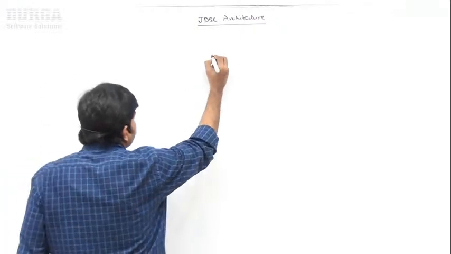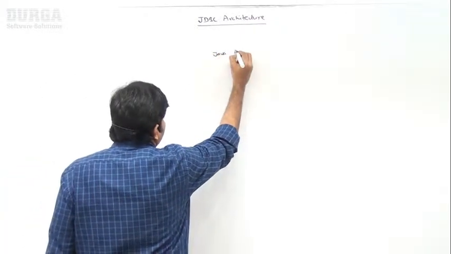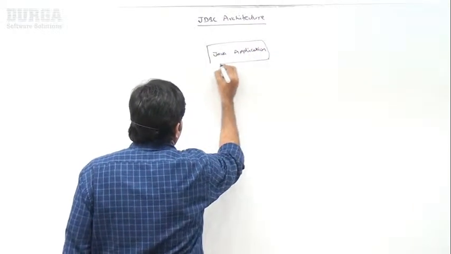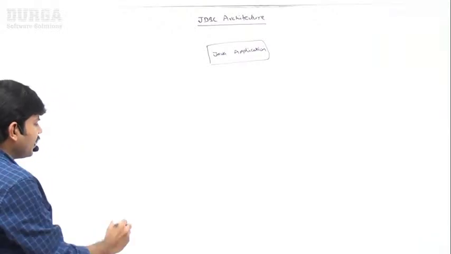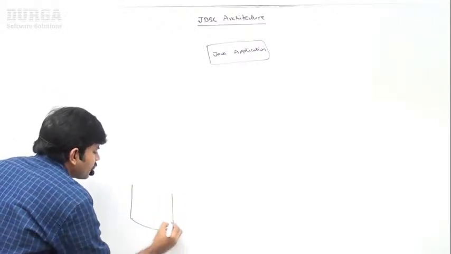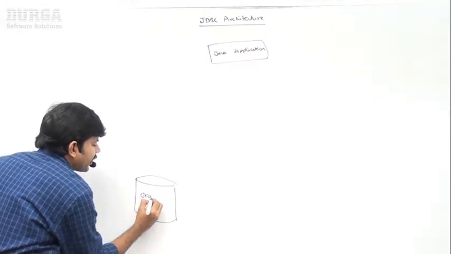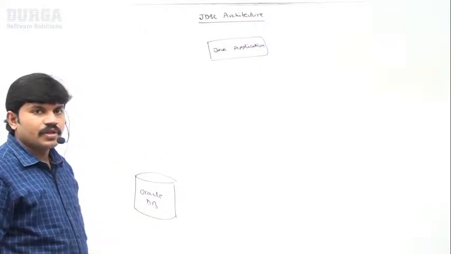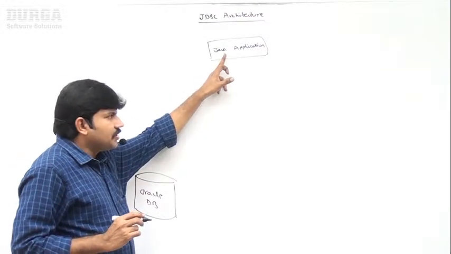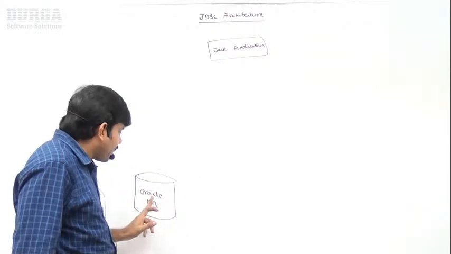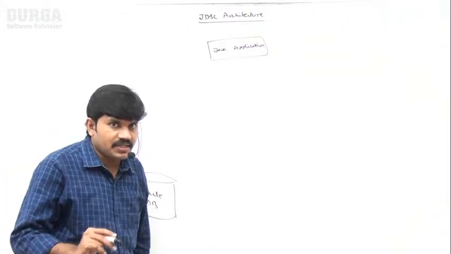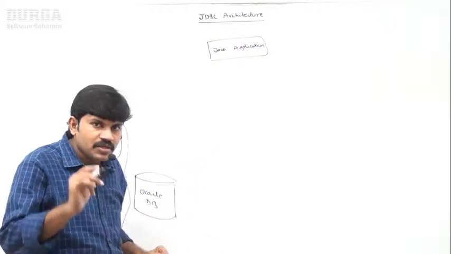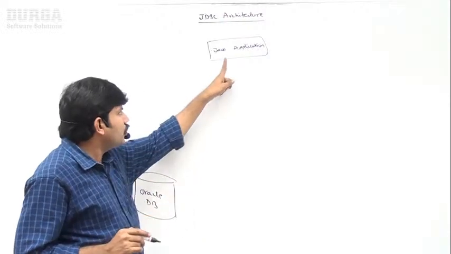I have a Java application, take a bit of very special care. Java application is there. Here I have one database, assume it is the Oracle database, right? If a Java application wants to communicate with the Oracle database, compulsorily Java calls have to be converted into database specific calls, and database specific calls have to be converted into Java calls.